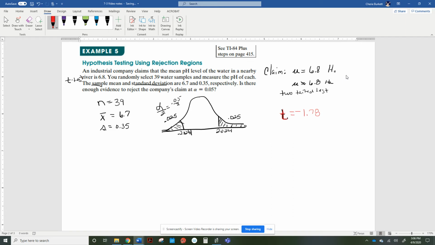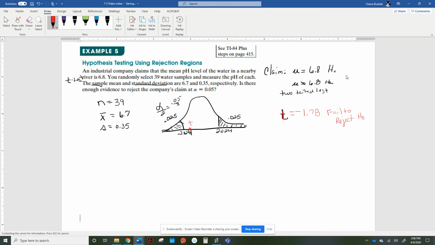That's our test statistic. So when I go over here, -1.78 is going to be on this side of that -2.024. There's my test statistic. It is not in the shaded region. So since it is not in the rejection region, we are going to fail to reject H sub 0. And since we fail to reject H sub 0, we'll have to look up on the little chart to see what our sentence is.